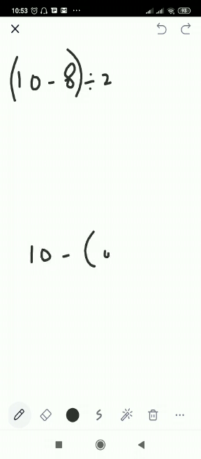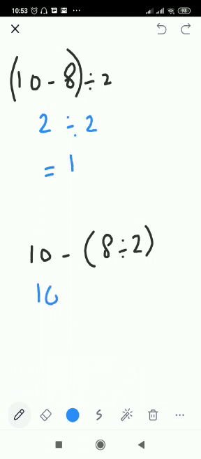All right, so let's see another example over here. It's 10 minus 8 divided by 2. I'm going to put the bracket around the minus here, and then I'm going to put the bracket around the division, 8 divided by 2, here. Let me solve it now. 10 minus 8 is 2, and 2 divided by 2 is equal to 1.